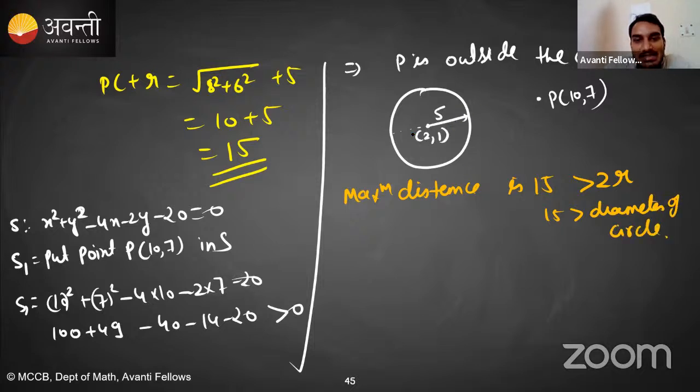If the point P is inside the circle, then how can the maximum distance be greater than the diameter? Yes or no? That is also one way of looking at it. So if someone just tells you the maximum distance, just by looking at the diameter of the circle you can comment whether the point is lying inside the circle or not. So it implies point P is lying outside the circle.